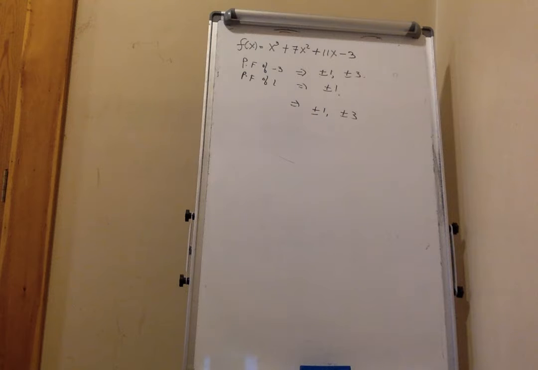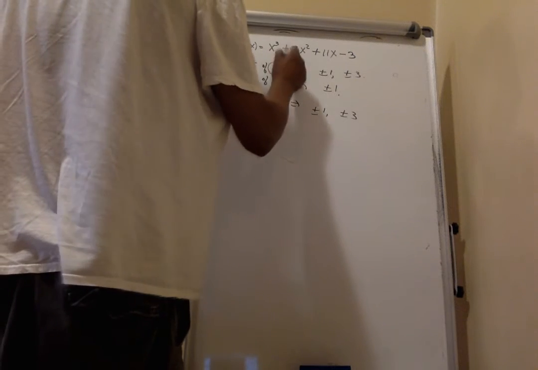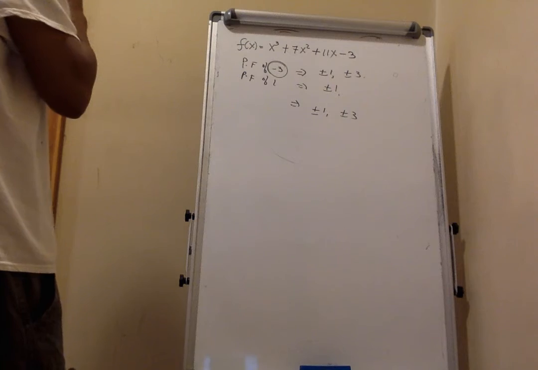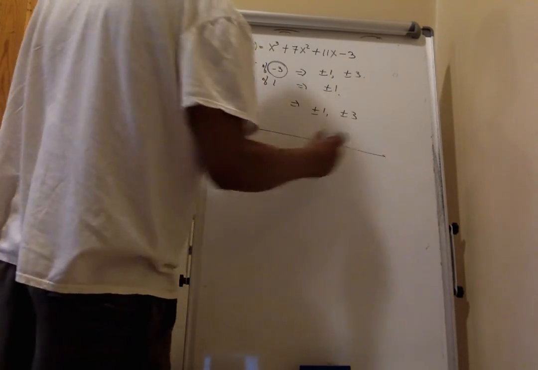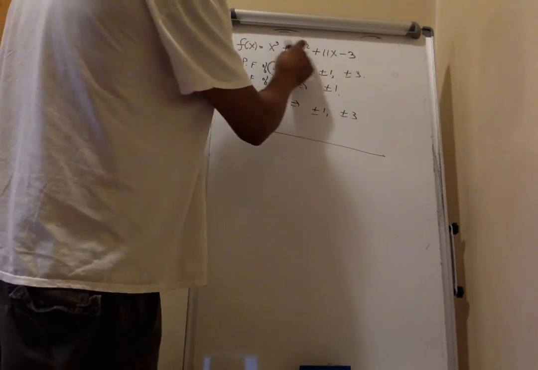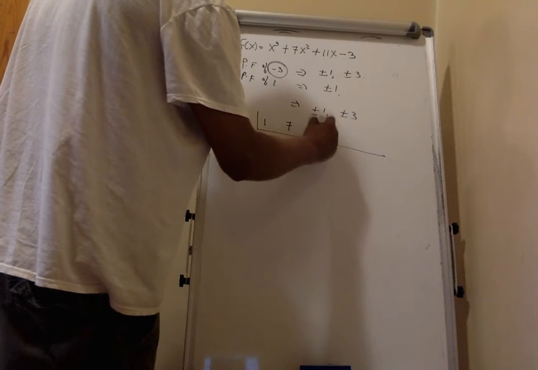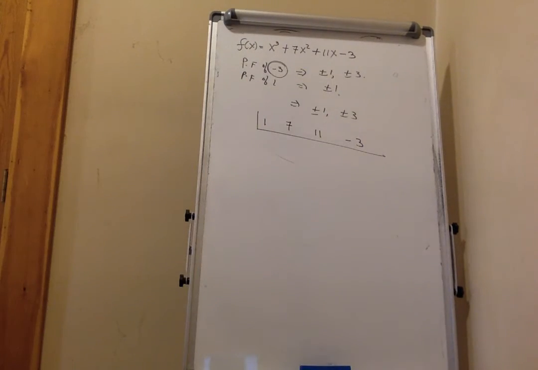Now, let's do -3. Let's use -3 as our zero. I'm going to use synthetic division. Everything is in descending order, so I'm going to write 1, 7, 11, and -3. Let me just look at this.